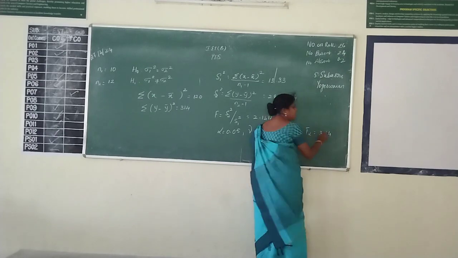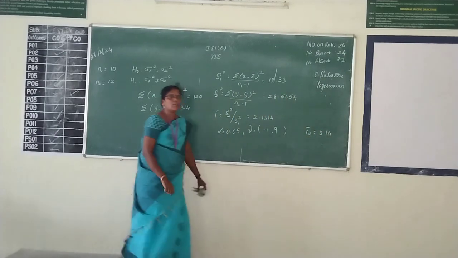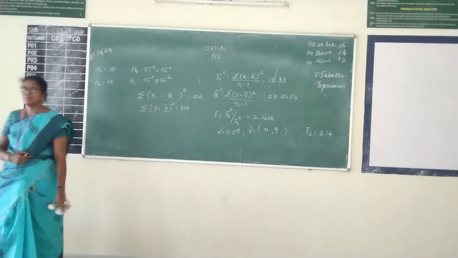F alpha is 3.14. Now, conclusion: accept or reject?